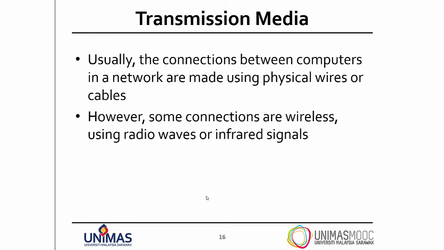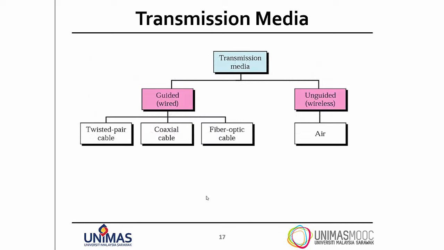Now let's start with transmission media. Usually connections between computers in a network are made using either physical wires or cables, but there are also connections which we call wireless, using radio waves or infrared signals. So basically we can summarize that transmission media can be divided into 2 categories.